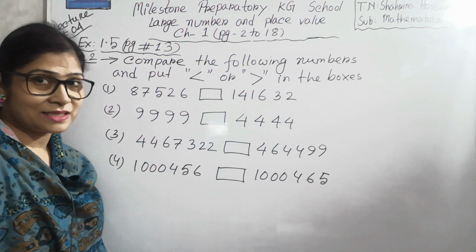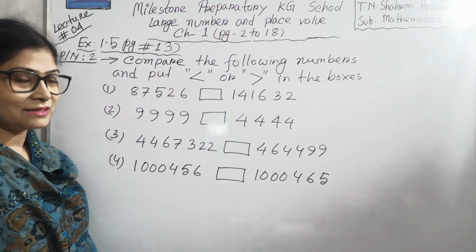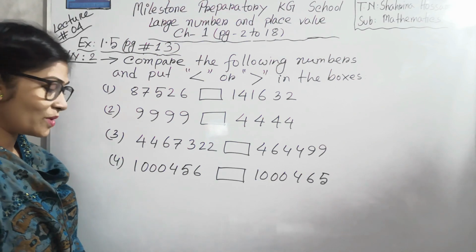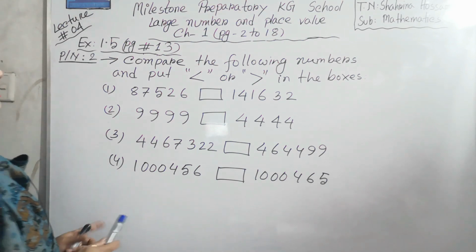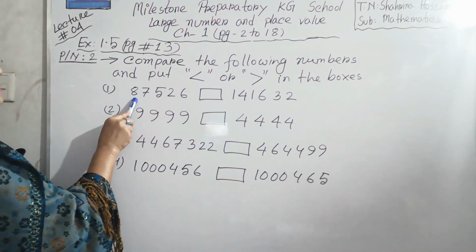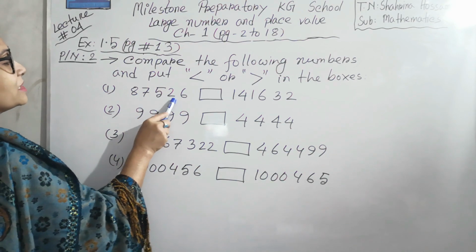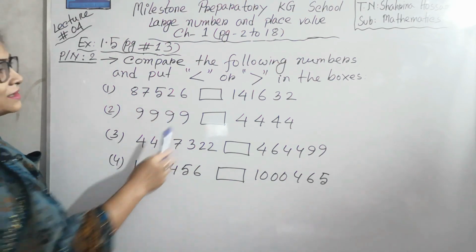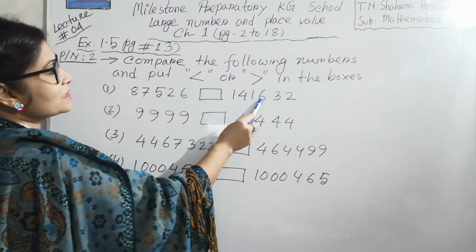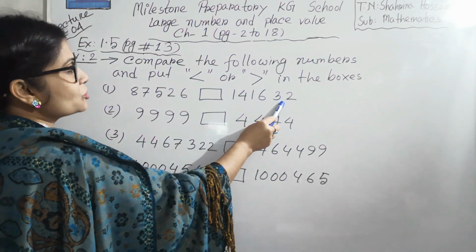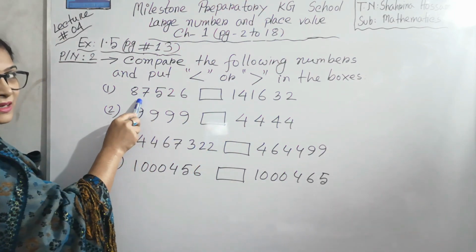How can you find which one is bigger and which one is smaller? Is there any easy way to find it? Yes, there are some easy ways. So let's come. How can we find? At first see, if I read this number 87,526 and the right side number 1,41,632, that means this is 1 lakh and this is 1000.